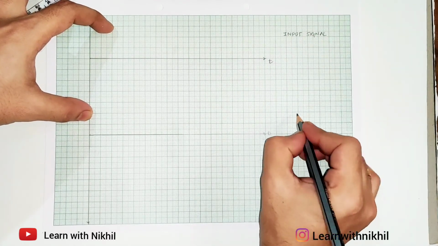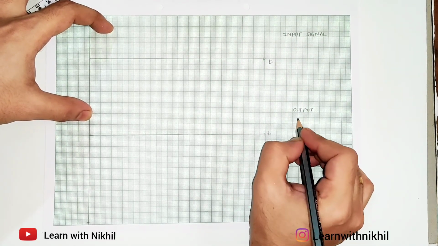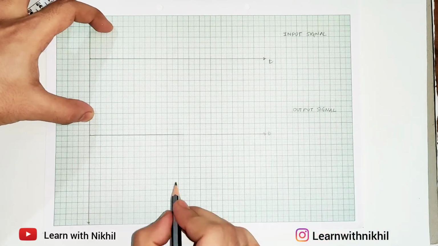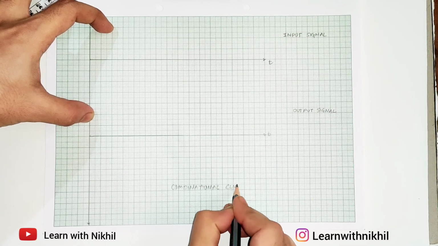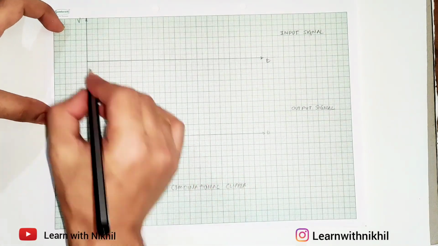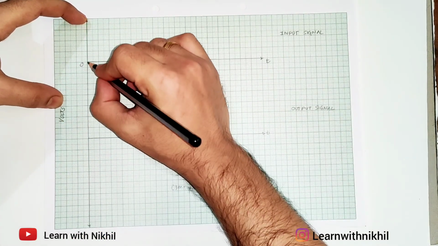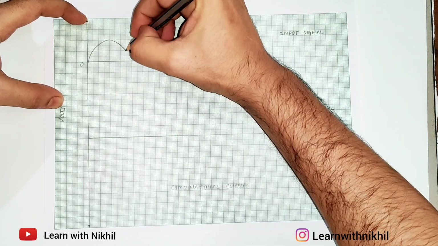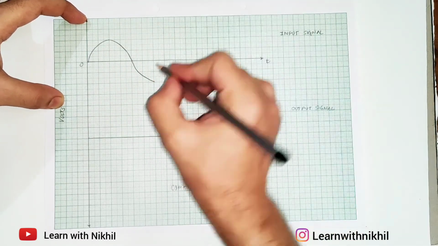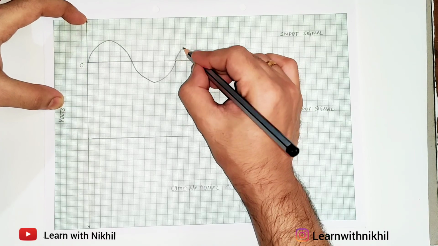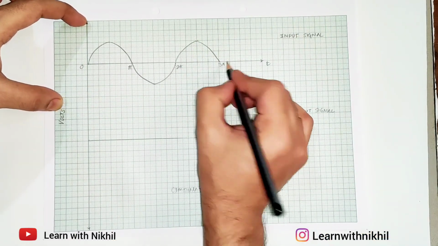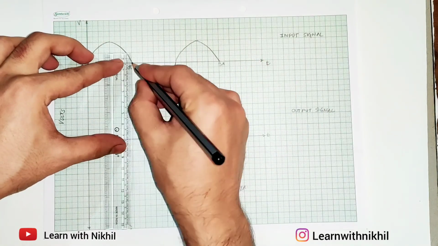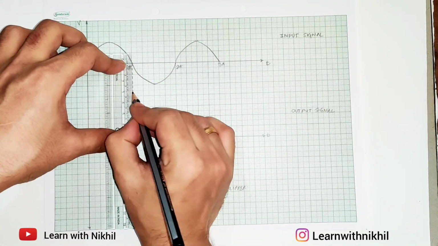The input signal will be the same, that is the sine wave. Amplitude and width should be constant. Marking 0, pi, 2 pi, 3 pi for the width.